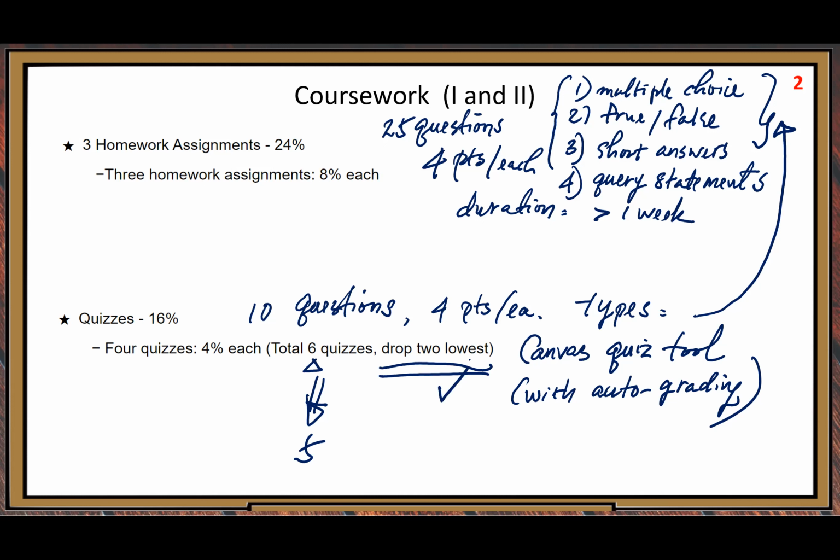All right. So we take the 3 highest scores. But 4% each, we need to make your 3 scores carry the same weight as 4 quizzes. So I scale it. I just multiply by 4/3.